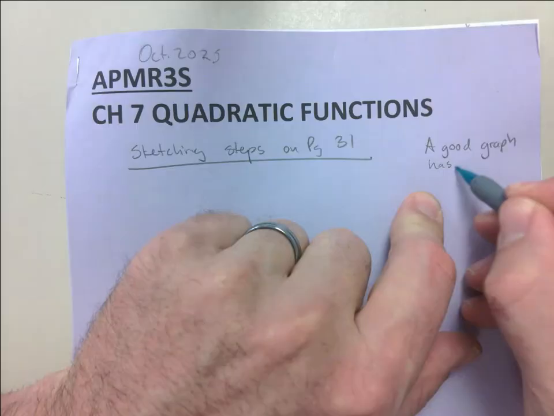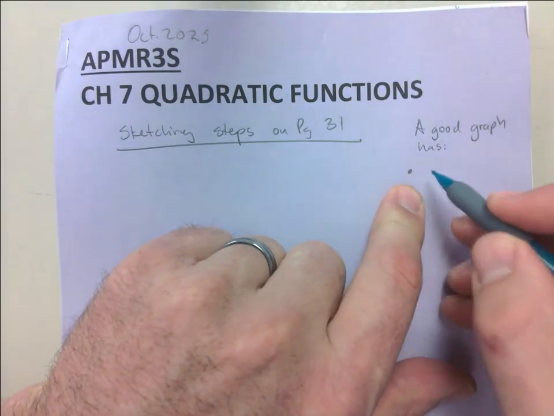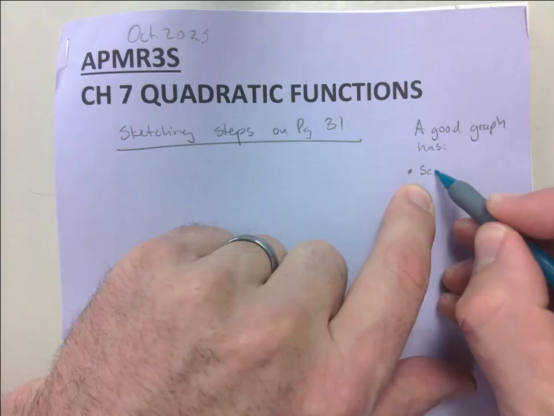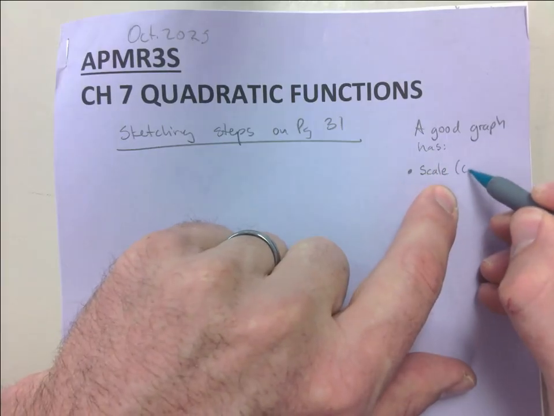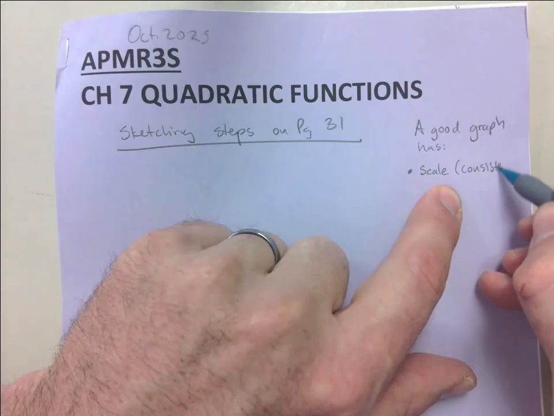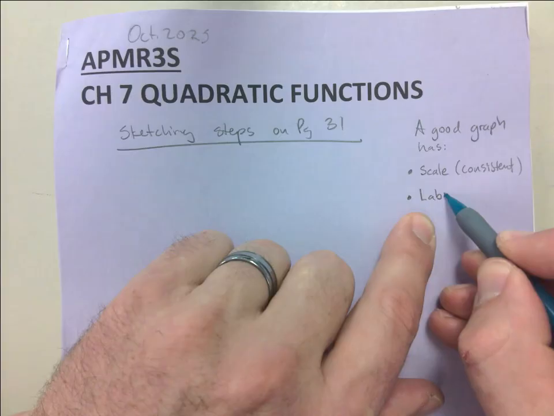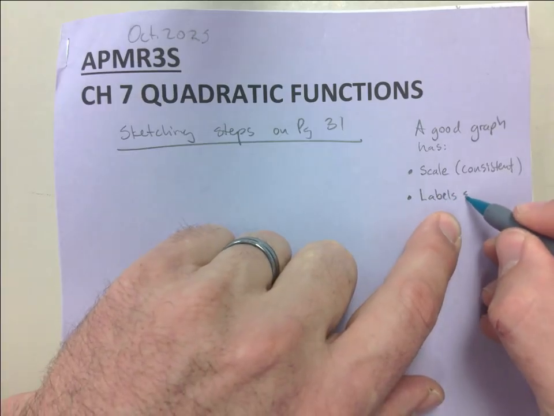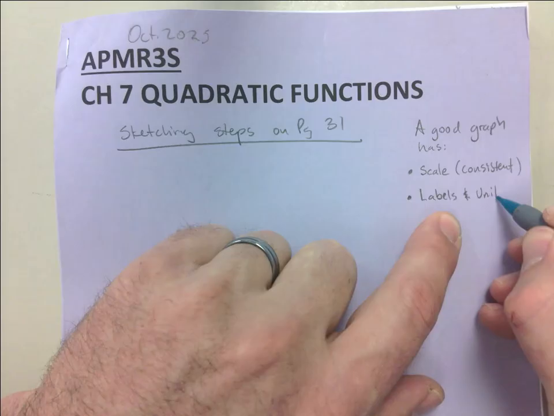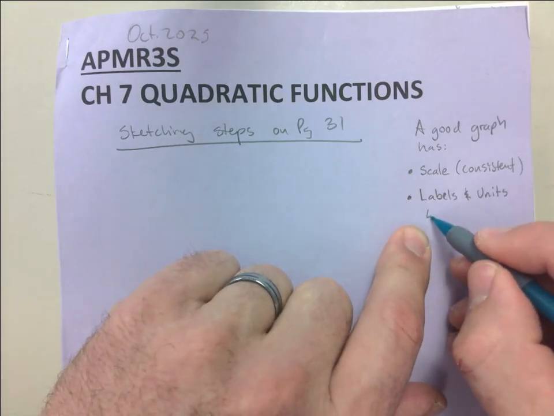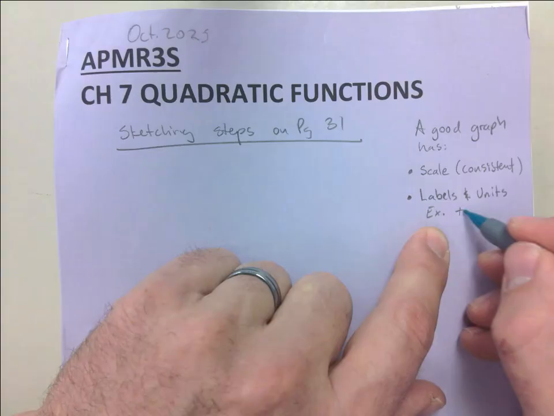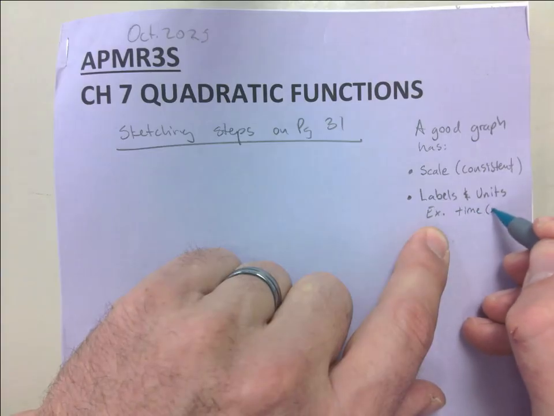has scale. It has to be consistent. Labels and units. Example, right? Time in seconds.